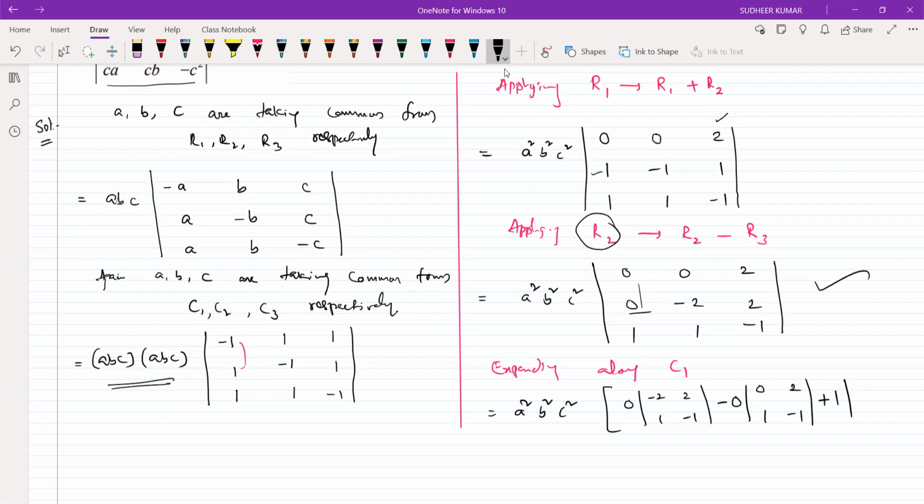Yes, sir. So here it is 1 into, deleting this row and column, what do we get? 0, 2, minus 2, 2, minus 2. That is a square, b square, c square into: 0 minus 0 plus 1 into this result, which is minus of plus minus 4, that is plus 4.